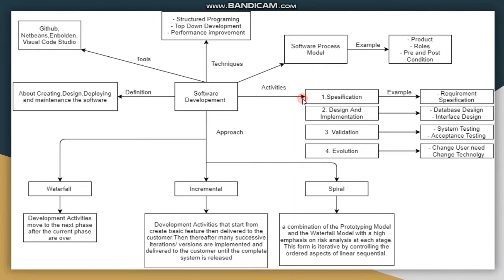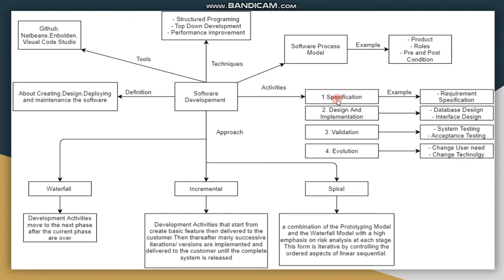And today I would like to continue about the software process activities. In the software process activities, there are 4 activities which are specification, design and implementation, validation, and evolution. Let's begin with the first activity, which is the specification.